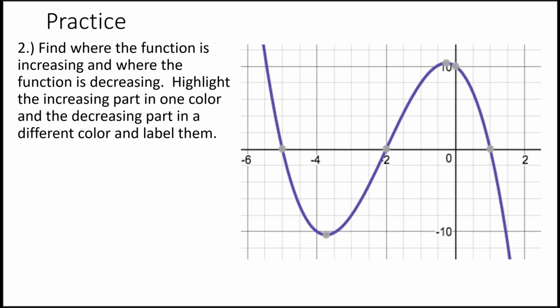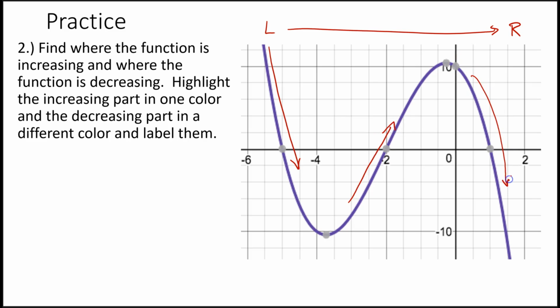And so we have another one right here, so we're going to highlight where we are increasing and decreasing, again going along my graph. If we travel from left to right, we see, yep, I'm going down there, so that would be decreasing. I'm traveling up here, and then we're going back down.